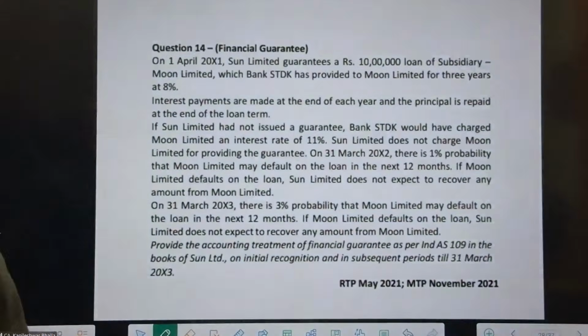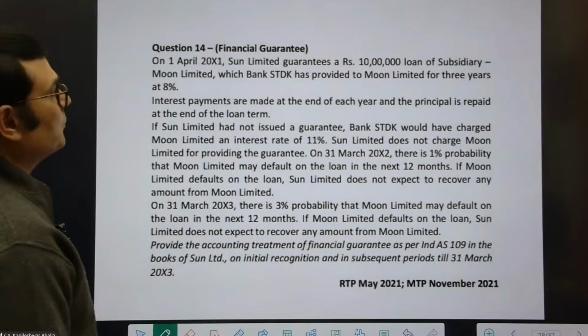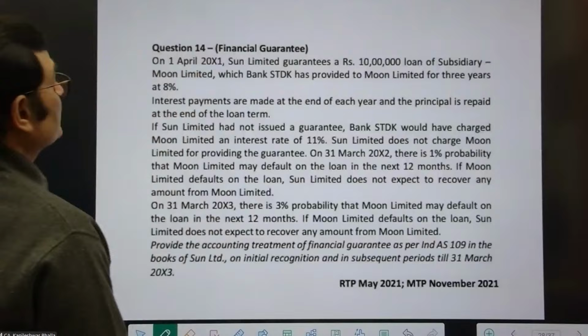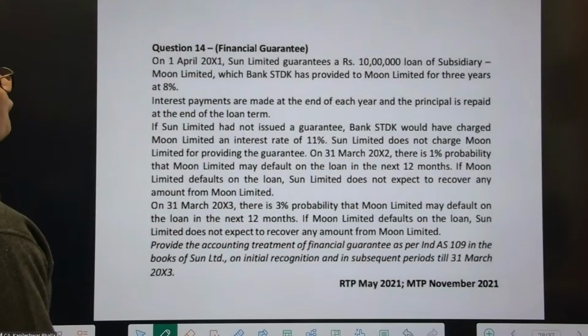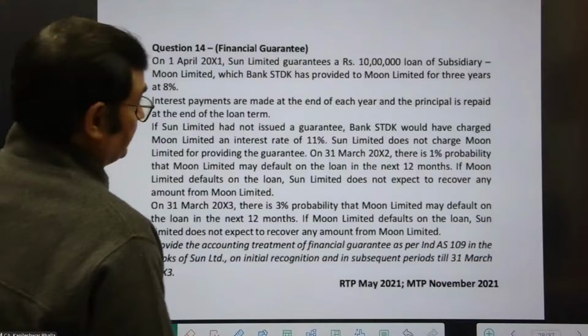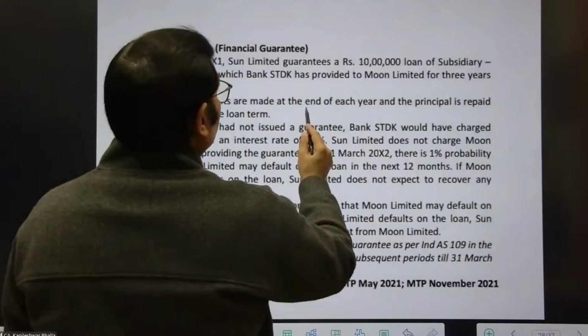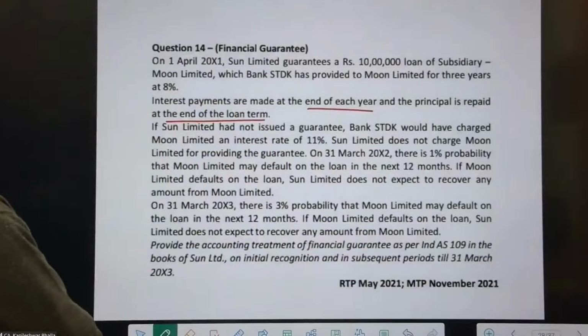Okay, so I can read the inputs in terms of this question. It says on 1st April X1, Sun guarantees a 10 lakh loan of a subsidiary Moon, which the bank provided to Moon for 3 years at 8%. The interest payments are made at the end of each year and the principal is repaid at the end of the loan term.